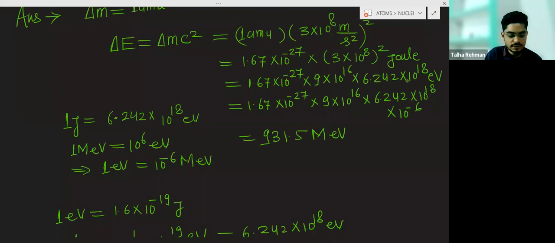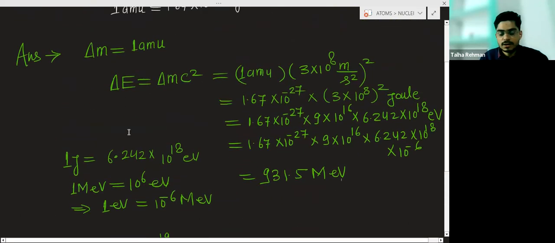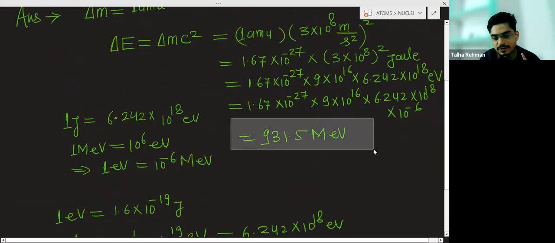I think this will be the value. Check, 931.5 mega electron volt. So now try to analyze: if there is a mass defect of 1 AMU, how much energy is releasing?